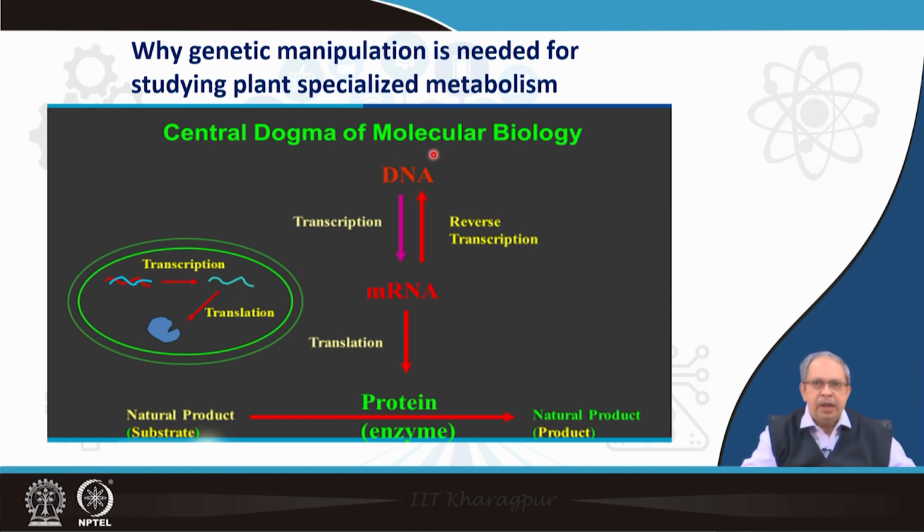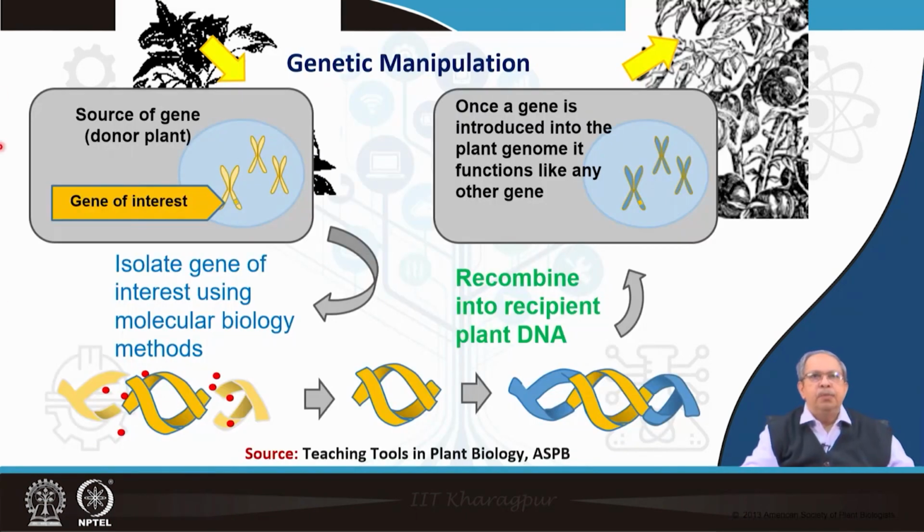Let us go to the next slide. Genetic manipulation: the source of the gene, let us say this plant from where the gene will be taken, is the gene of interest. That gene will be isolated using molecular biology methods, and as I said in the previous class, this part is not covered. What we cover is, once we have the gene in hand, how the gene will be transferred into the target plant.